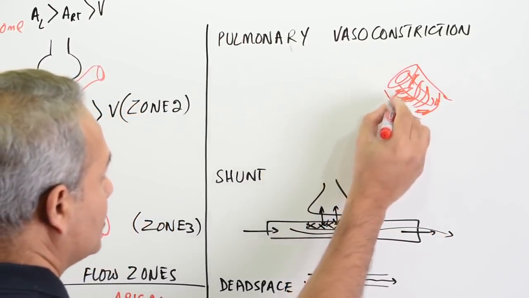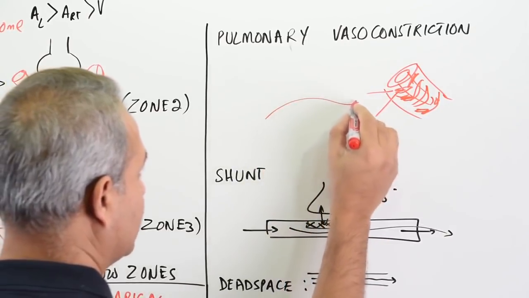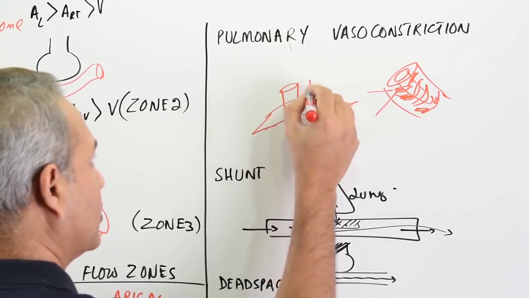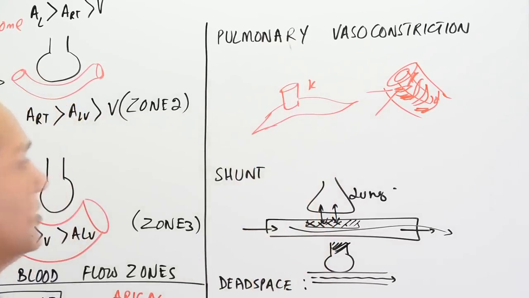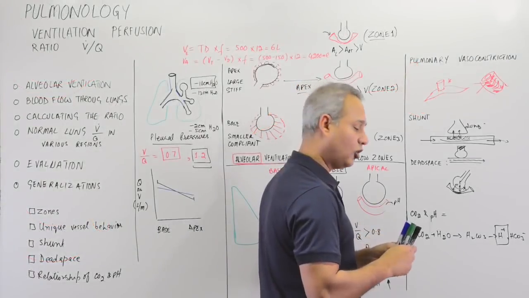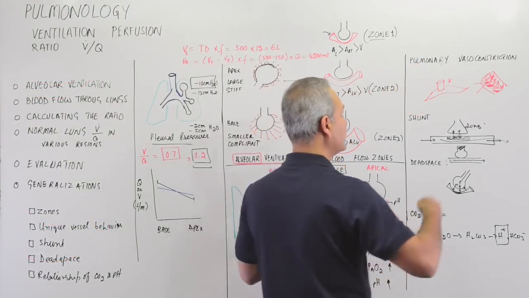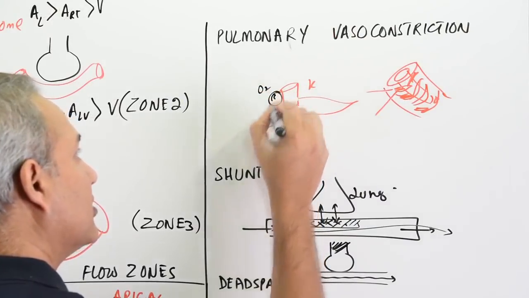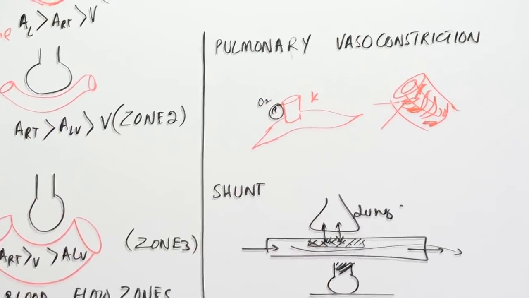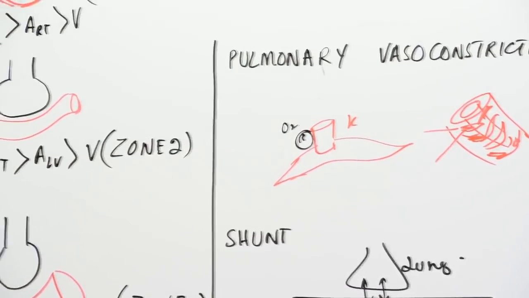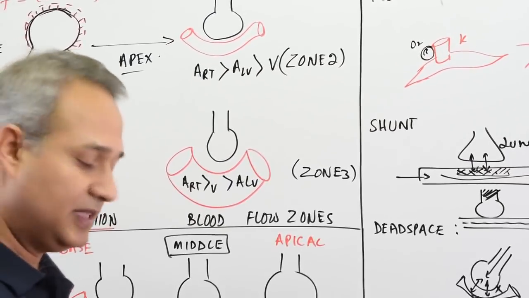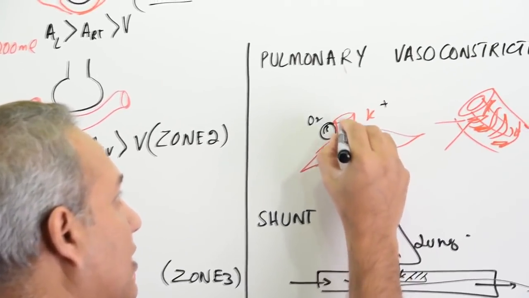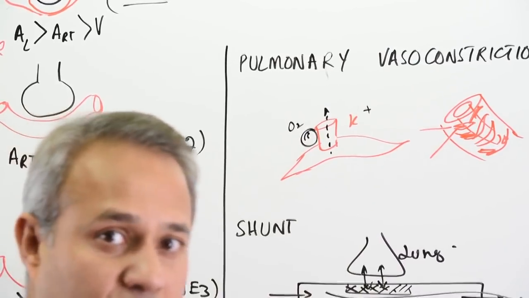So if I take one of the smooth muscles out and put that over here, the way this works is that the potassium channels on this smooth muscle of the arterial wall, these channels have something very interesting. They are oxygen sensitive, O2 sensitive. So when oxygen binds with them, they open up, and when they open up, that causes the potassium to leak out.